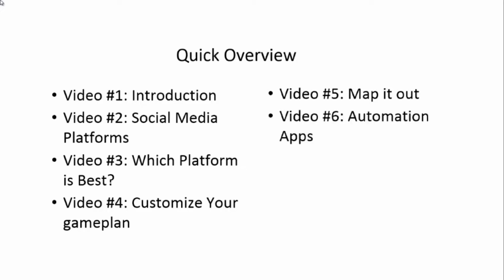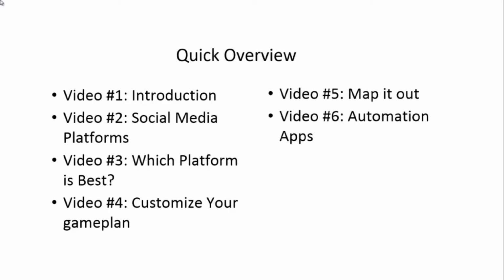and to help you profit. Last but not least, once you have mapped it out, we're going to talk about automation apps. There are many different apps out there that will allow you to automate your social media presence. For example, if you posted something like an image or content to Facebook, you could create automation apps that would copy that information to your Twitter, to your Instagram, and to other social media platforms as well.